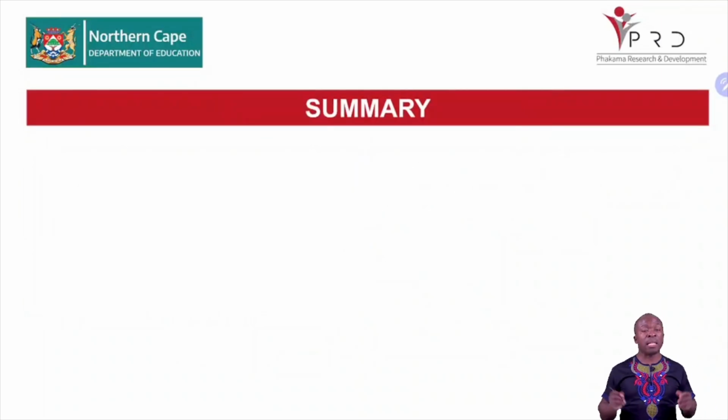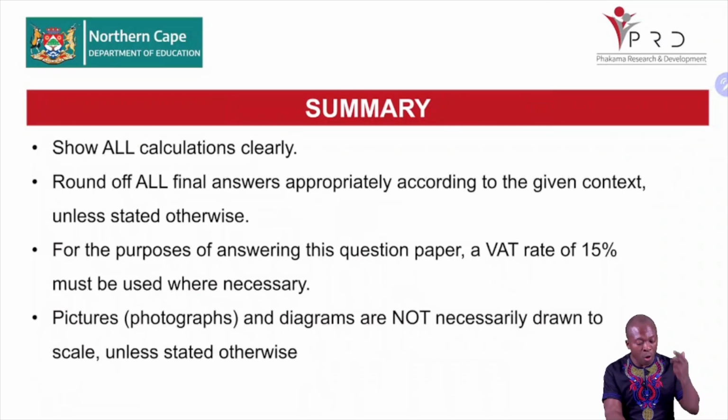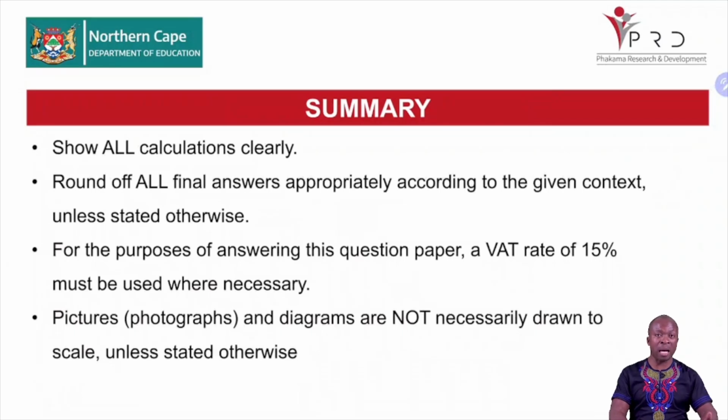Okay. Now we are going to the point where I need to take extra caution. While you are busy preparing, it does not serve any purpose that you get to the exam room and you start making errors. Look at what the examiner is asking you for. Show all calculations clearly. I'm giving you a few tips when it comes to the summary. Number 2, round all final answers to the context that you have been given there.